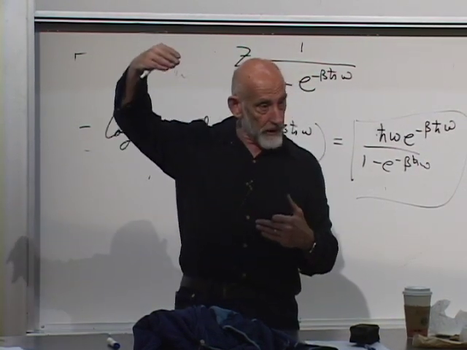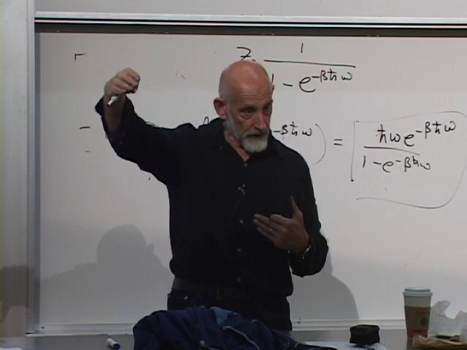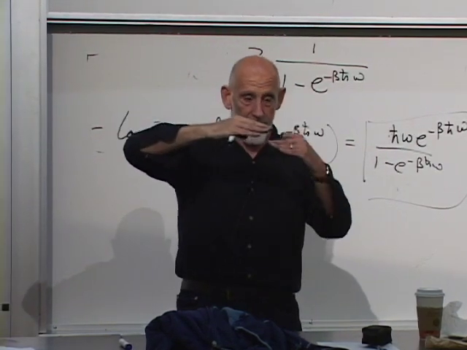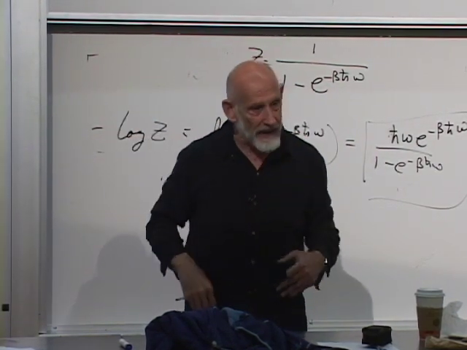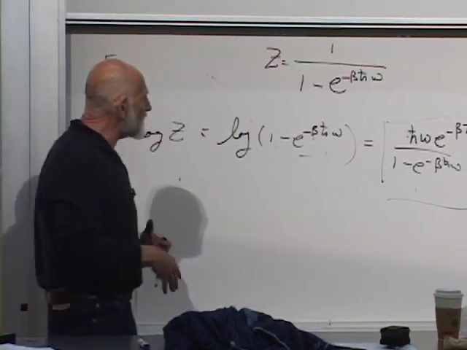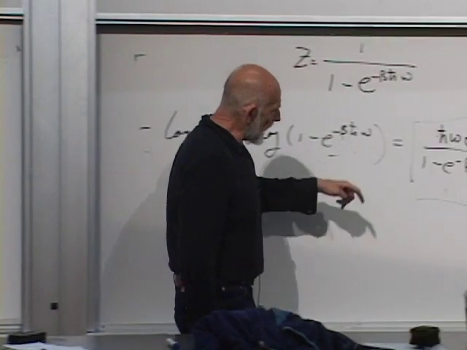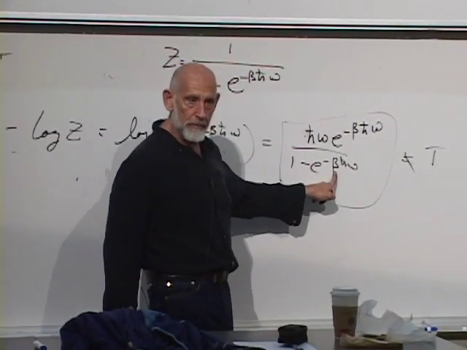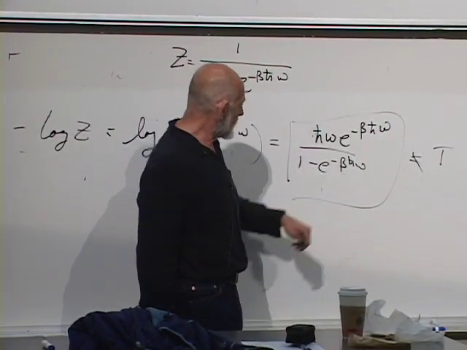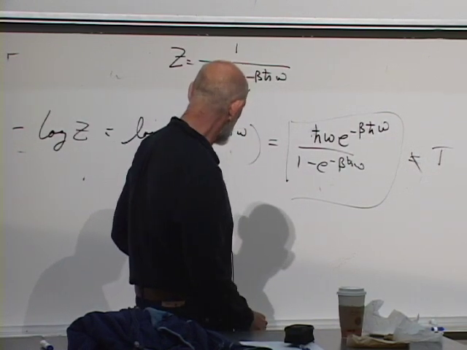The oscillator is excited to such high energy that it doesn't care that the energy is quantized in these tiny little steps. So we expect the classical answer for high temperature. Okay, let's look at it for high temperature. High temperature means small beta. Okay, did I get this right? Yeah.